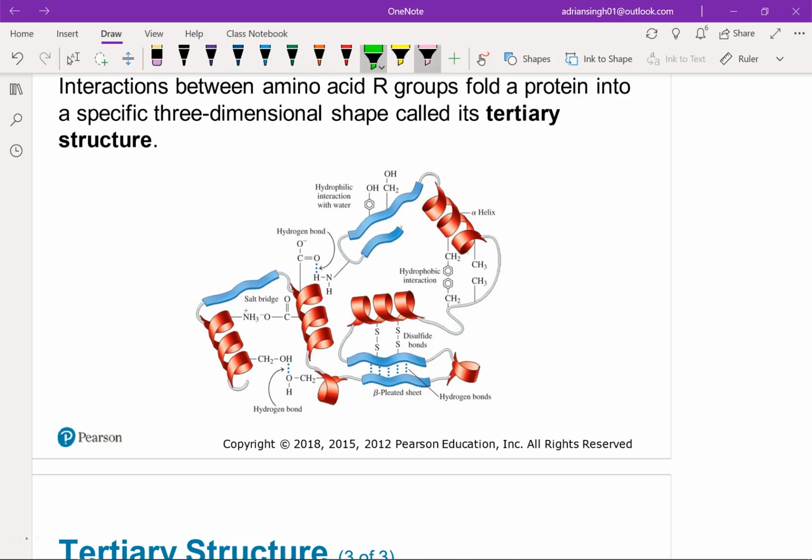Here in red, these little spring-like sections are your alpha helices, and then the blue flat regions that are typically next to each other are your beta pleated sheets. You'll see that quite commonly in your textbook and elsewhere.